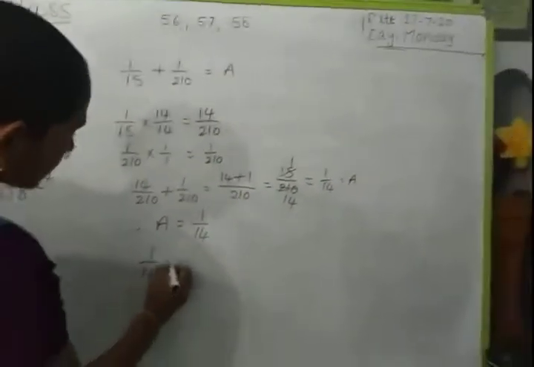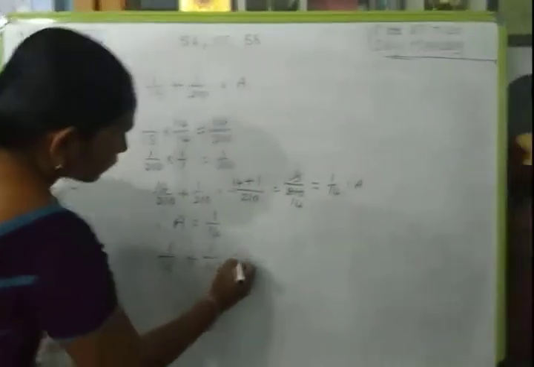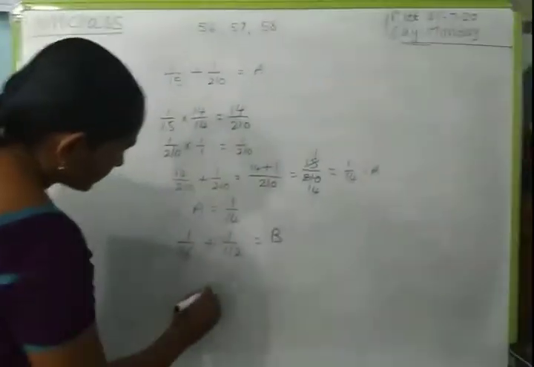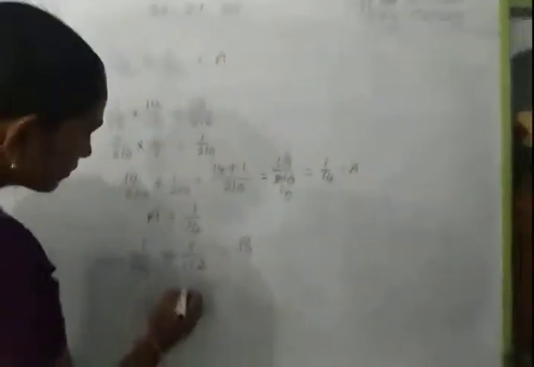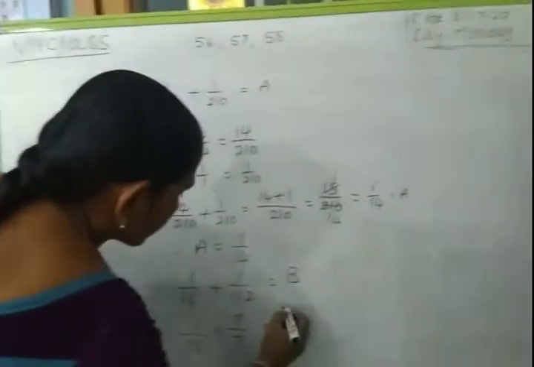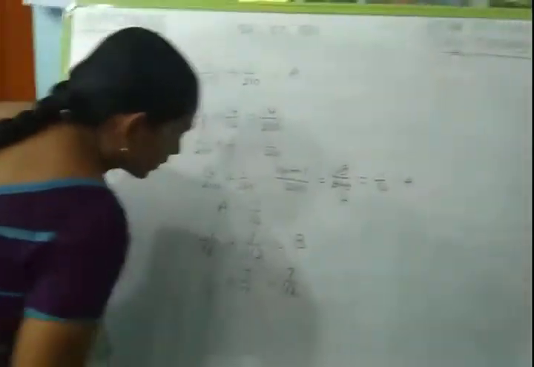1 by 16 plus 1 by 112 is equal to the B value. LCM 112. 16 table, 112, how many times? 7 times. So 7 by 7, 7 by 112. So 1 by 112 into 1 by 1, 1 by 112.